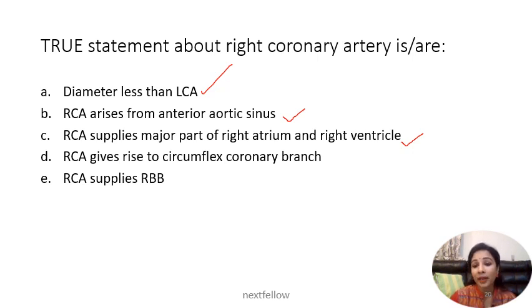The circumflex artery is a branch of the left coronary artery, so this is a false statement. Then the right coronary artery supplies the right bundle branch. We know the right bundle branch is mainly supplied by the left coronary artery, that is the anterior interventricular branch of the left coronary artery. So this is also a false statement.